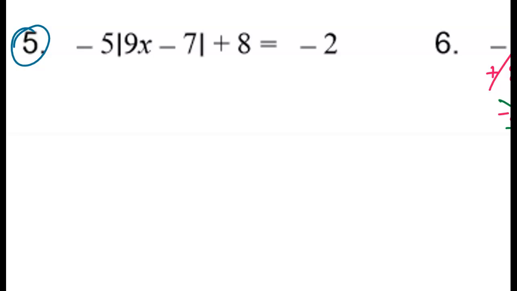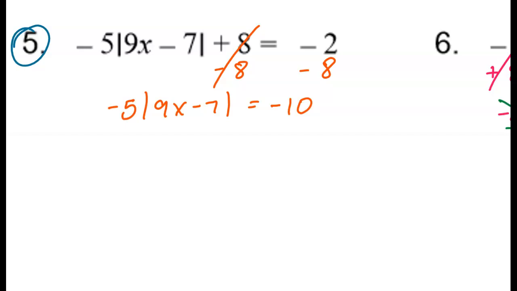Move the addition of 8 over to the other side by opposite operation of subtracting 8. So I now have negative 5, absolute value, 9x minus 7 is equal, what is negative 2 minus 8? Negative 10. So it's equal to negative 10.